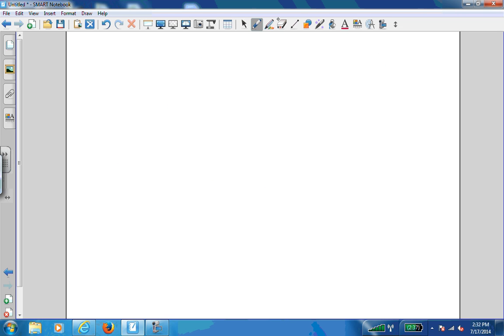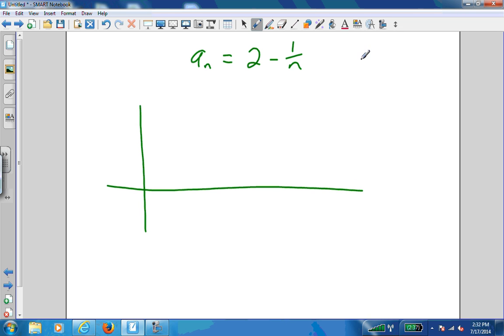We could look at another one. Let's say the sequence 2 minus 1 over n. If we look at that sequence, the first value, if we substitute a 1 in, we get 2 minus 1, which is 1.